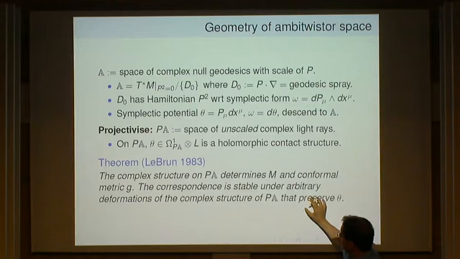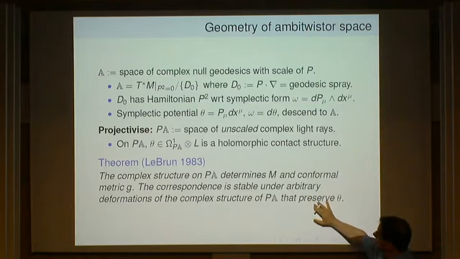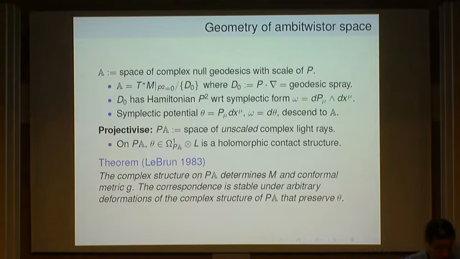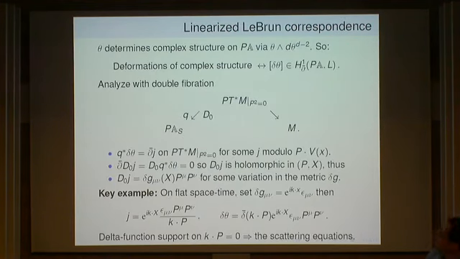Okay, so if you're just interested in conformal structures without torsion, then you have to preserve this symplectic potential. So the upshot of this is that the complex structure of ambitwistor space is, in the case that we're interested in, determined by this one form, theta, because it's a contact form.